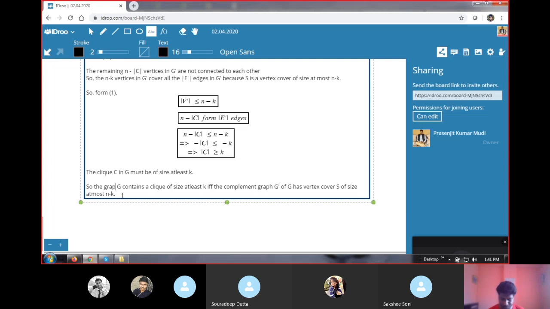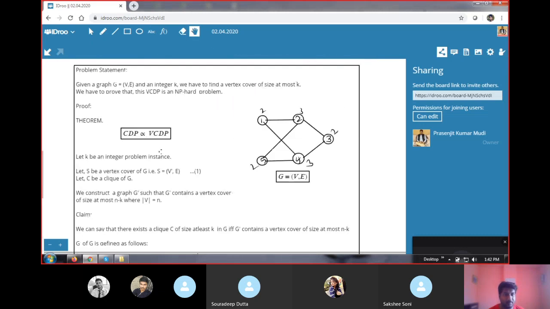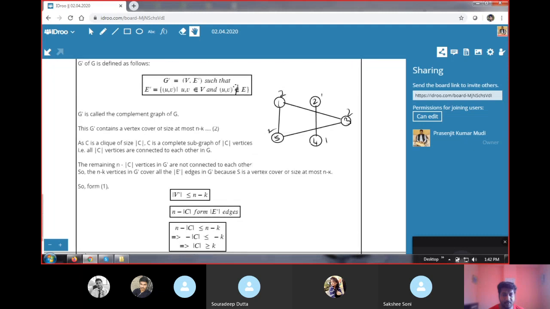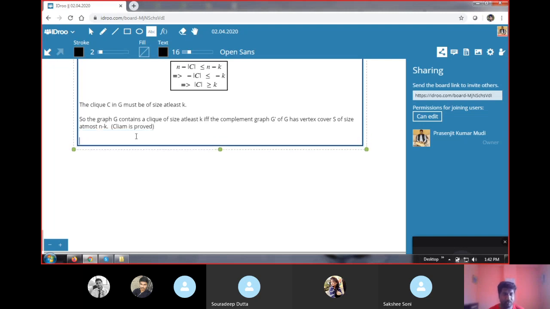This is not the theorem. This is the claim. So this is the proof of claim, hence the theorem is proved.